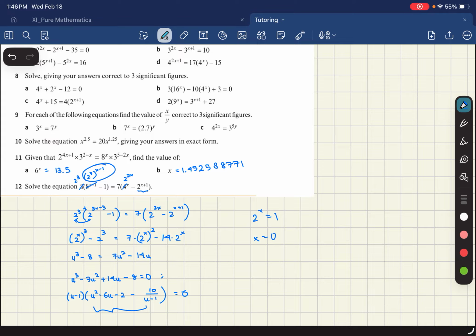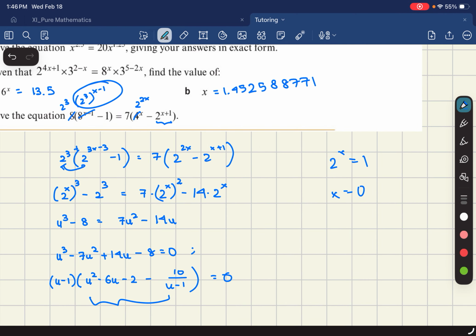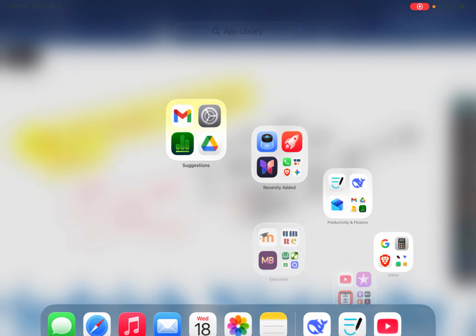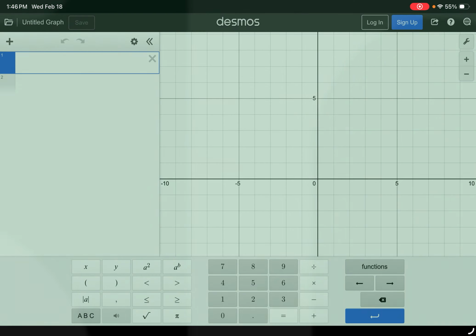If you plot the graph, you can use Desmos to check it out. So it looks like it only cuts one. There's only one real root. But we can check. So let me use Desmos to check.